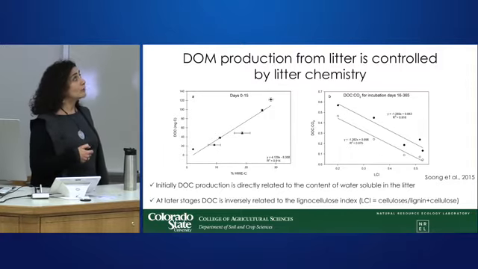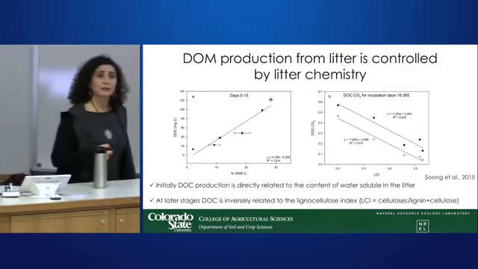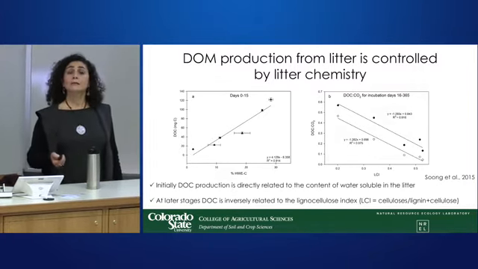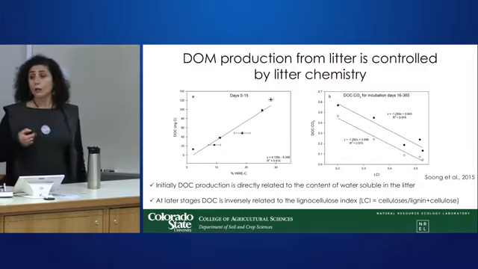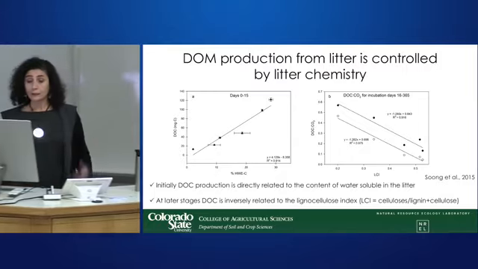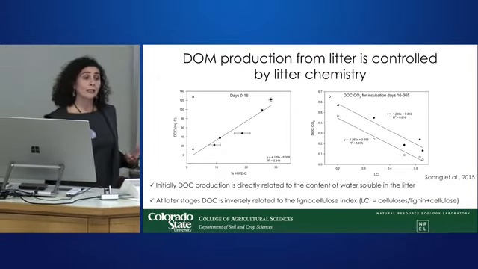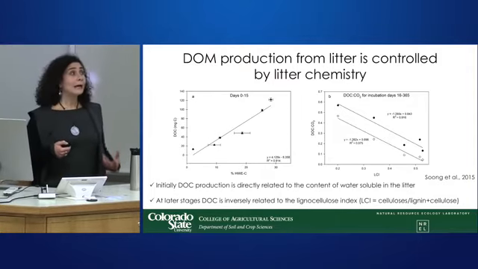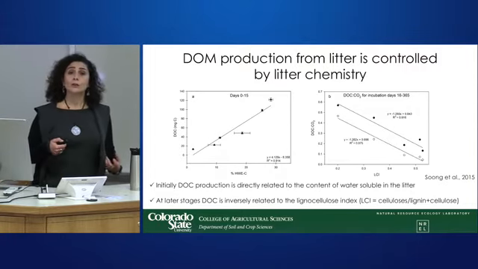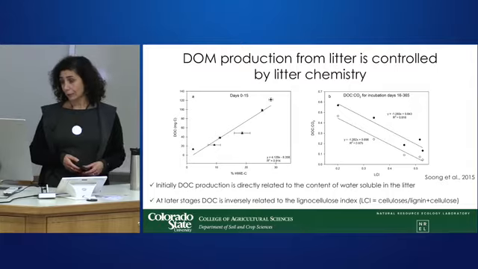Later on, much less came out, and it was inversely related to what we call the lignocellulose index, which is a ratio between cellulose and lignin. So it was pretty clear to us that this dissolved organic matter was a significant fraction of the mass loss, and it was dependent on the initial chemistry of the plant material.